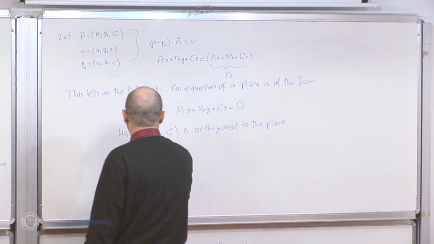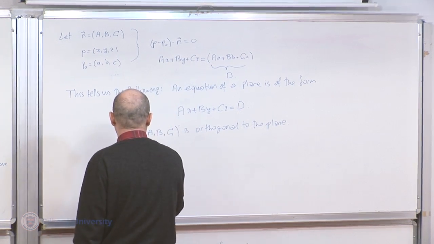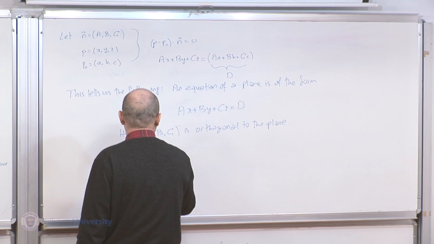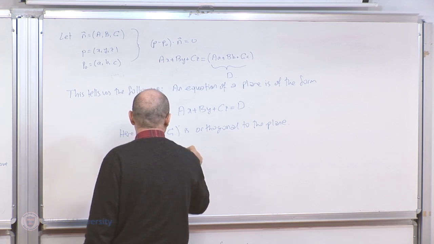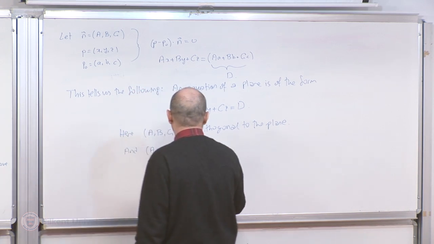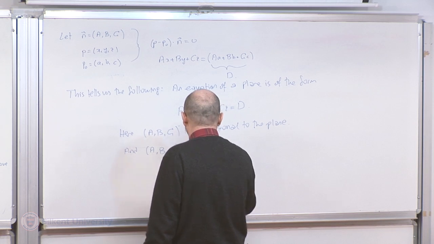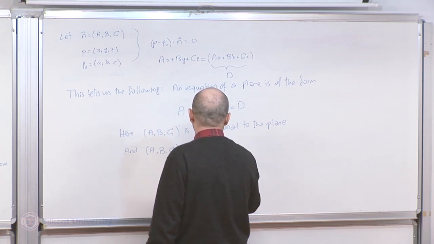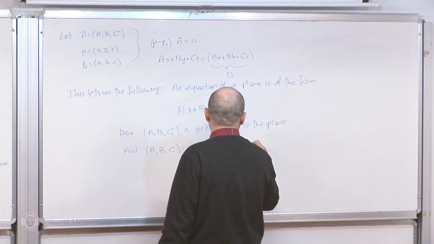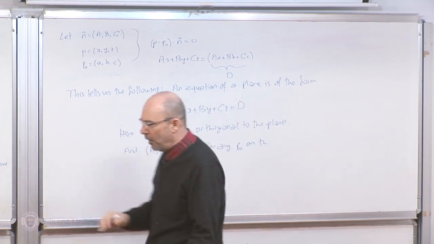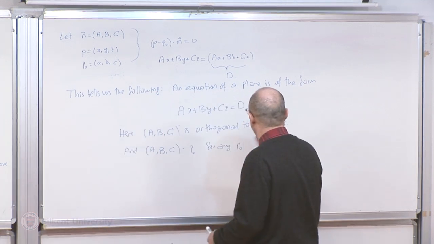So here, A, B, C dot product P sub 0, for any P sub 0 on the plane. Let me emphasize that that's a point now.